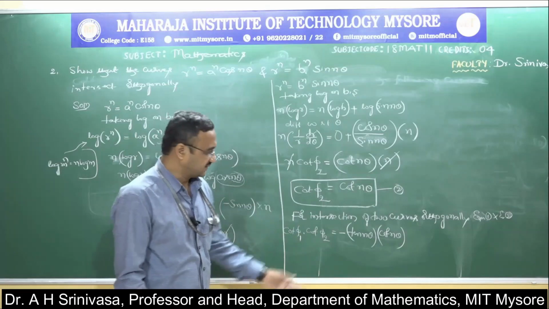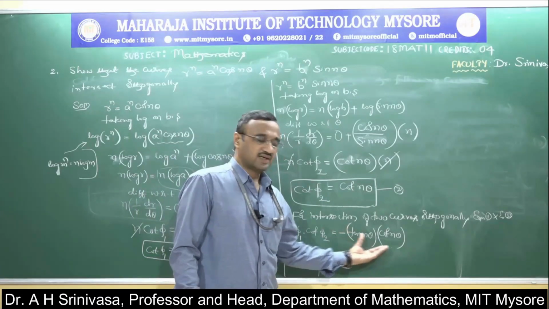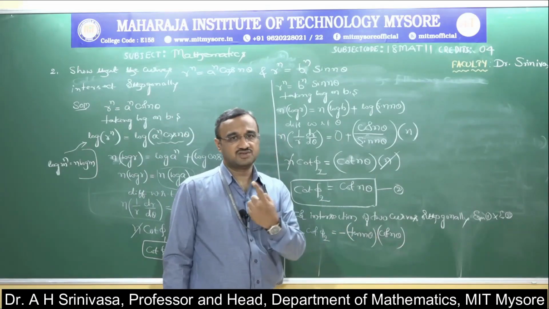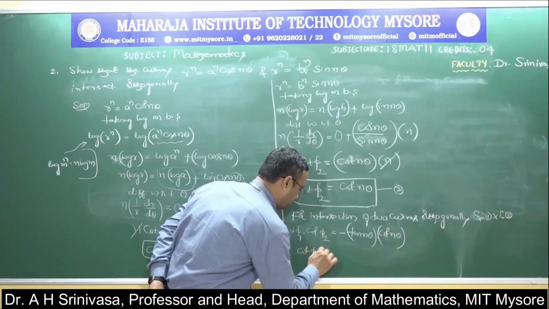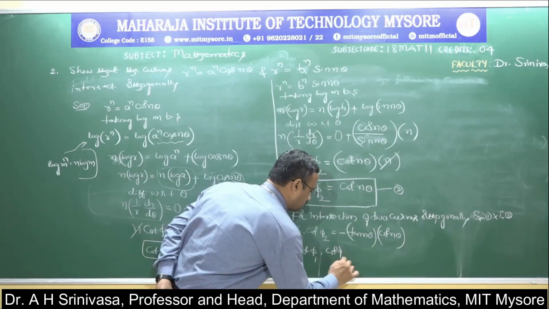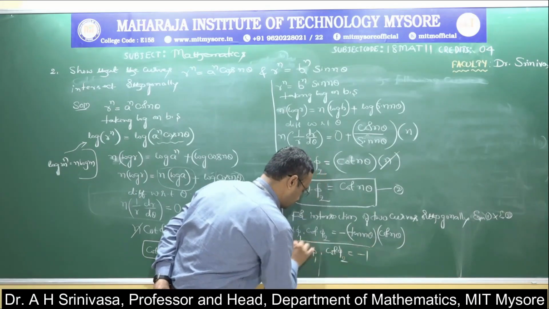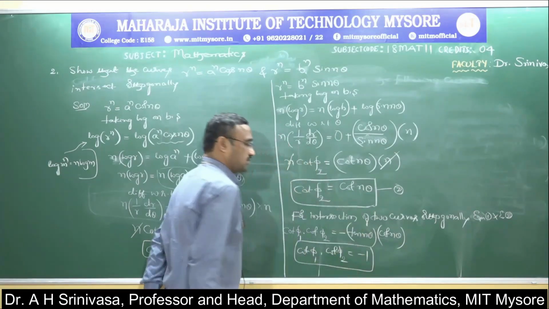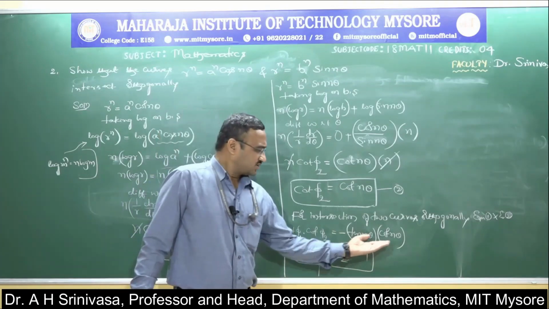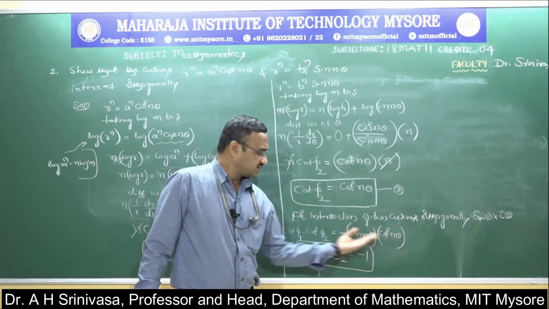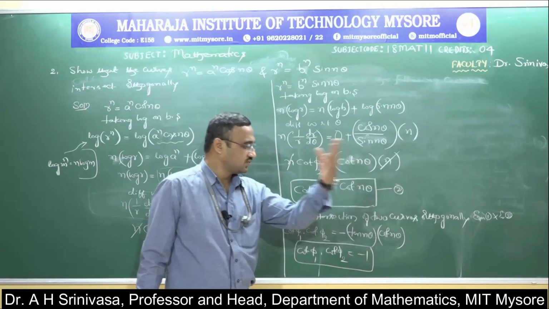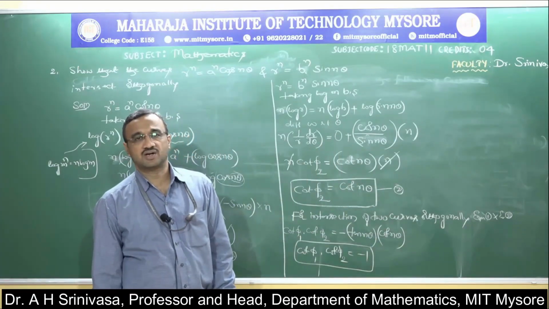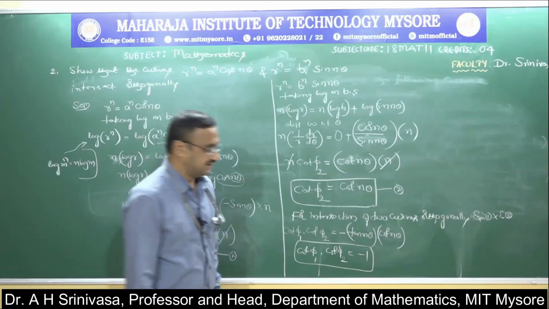You know the trigonometric identity: cot theta into tan theta is 1. Now use that here: cot phi 1 into cot phi 2 should be equal to minus 1. If you cannot understand, you can write cot as 1 by tan, and on cancellation of these two you also get minus 1. So then you write: hence the two curves intersect orthogonally.